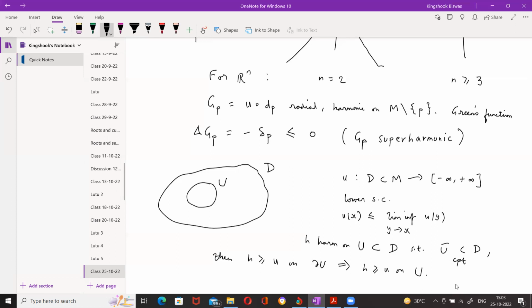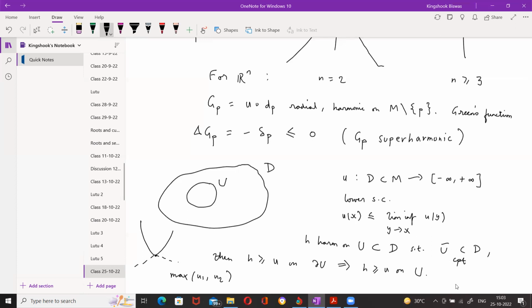You can see that the maximum of two subharmonic functions will also be subharmonic. Of course, typically when you take a maximum, it's not going to be smooth. There'll be corners where the derivative doesn't exist. So say I have these two convex-like functions.